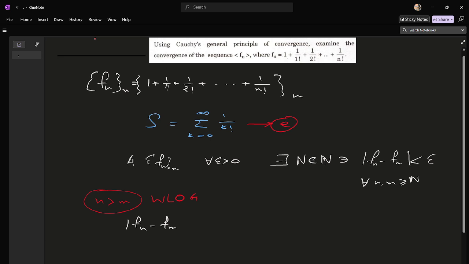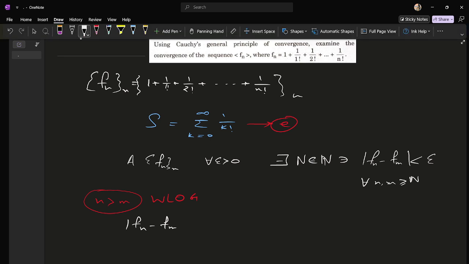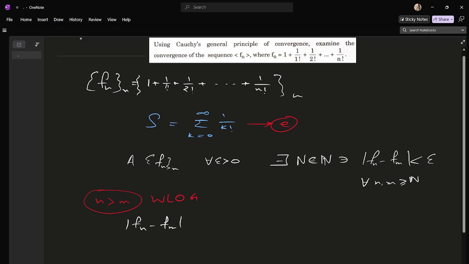Then this difference is equal to the summation of k equals m plus 1 to n of 1 by k factorial.